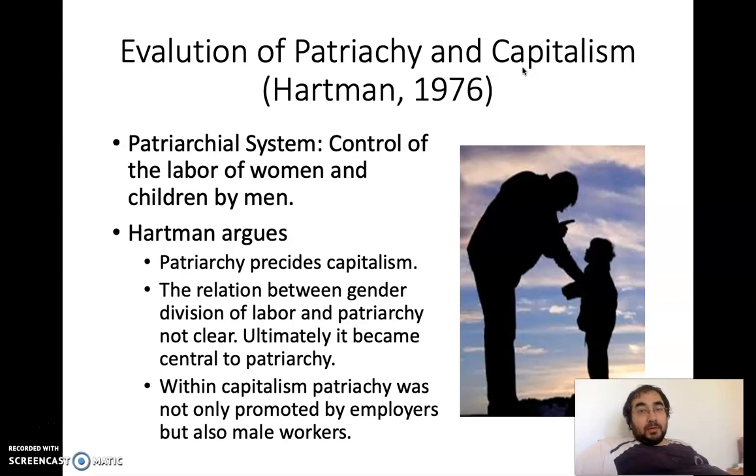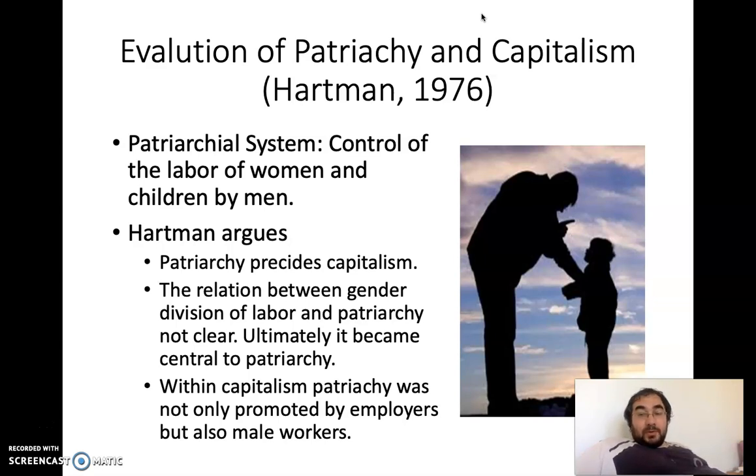Her argument is that capitalism is not an inherent thing that created patriarchy, and in many cases the patriarchal structure within the capitalist system doesn't come from the capital and the employers and the necessity of the way capital expands. It comes from the workers, in many ways.